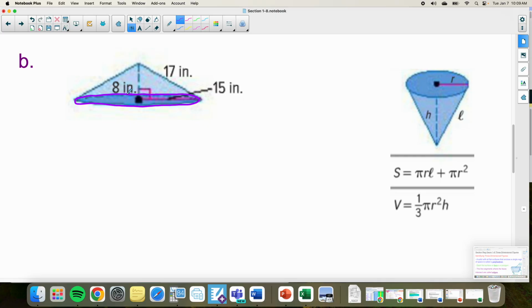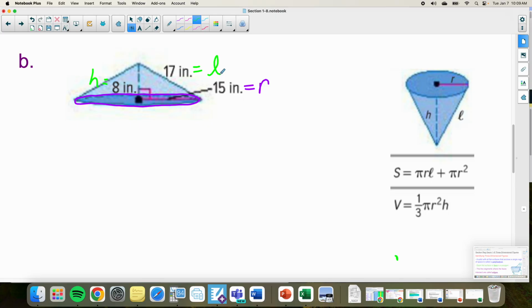The 15 is our radius, and then we have to determine which heights we have. Is the 8 our perpendicular height? And it is. So would that be our H or our L? H, so this is H. And the 17, what's our symbol for that? L. It's like a cursive L, okay?